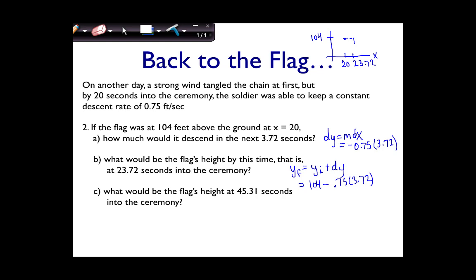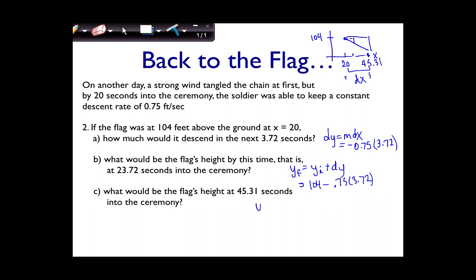So this is 45.31 seconds into the ceremony, but we only have information about where it was starting at 20 seconds into the ceremony. So we'll start from there and go forward in time, downward in flag height, up through some point in time that is a bit later. Instead of thinking about 23.72, we think about 45.31, so we've got a new dx we can compute, and the change in y over that larger interval, which contains all one rate of change, all negative 0.75 feet per second.